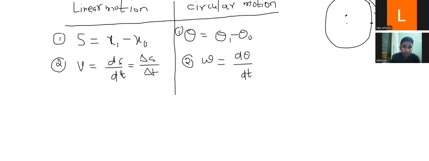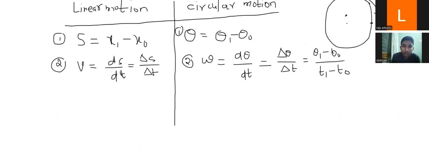Here the angular distance is theta. You can also write it as delta theta by delta t, or theta 1 minus theta naught by time, t1 minus t naught.